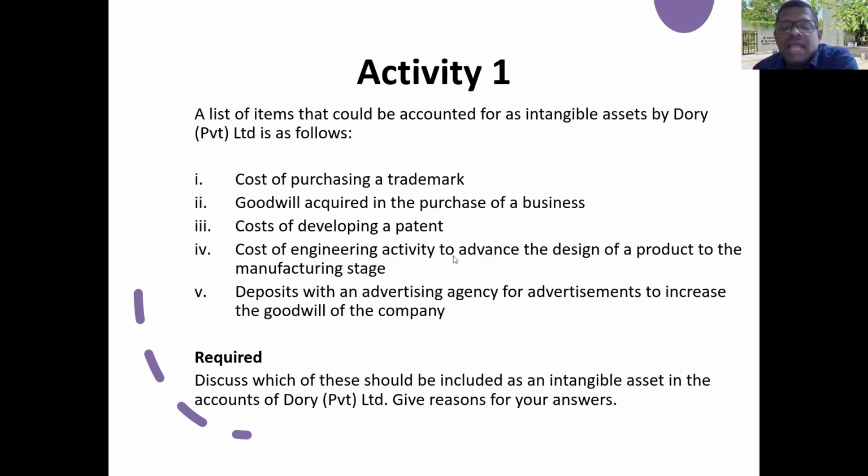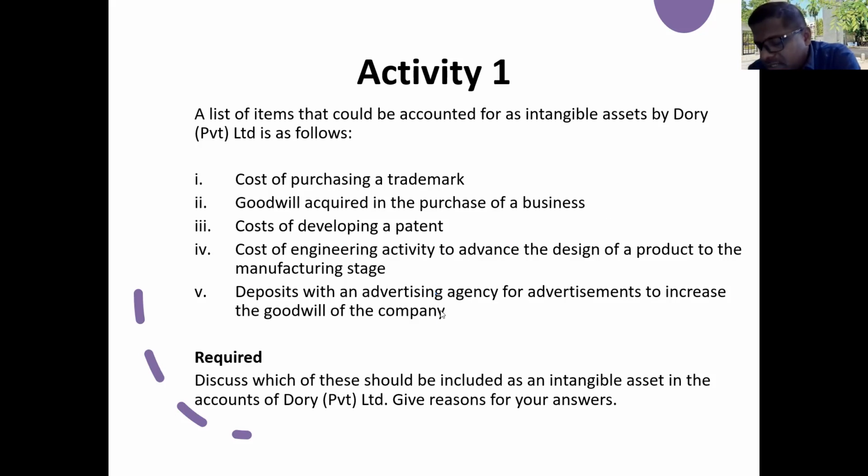Fourth, the cost of engineering activity to advance the design of a product to the manufacturing stage. Again, it's increasing productivity, so you can consider it as intangible. As I mentioned earlier, just see whether the criteria are satisfied. If the criteria are satisfied, of course, you can capitalize. Fifth, deposits with an advertising agency for advertisement to increase the goodwill of the company.